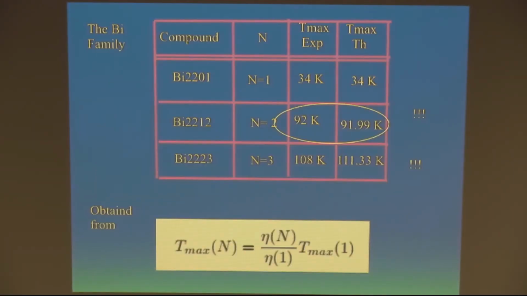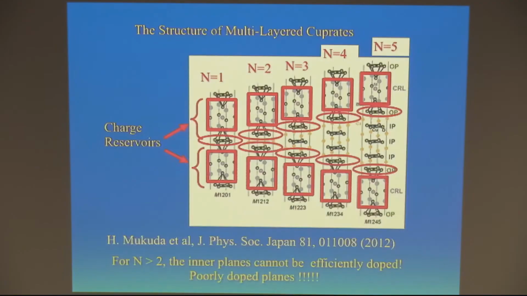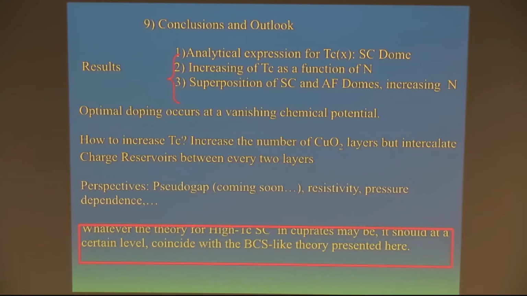So to conclude, we are not presenting a theory for high TC superconductivity, but whatever this theory might be, it must, at a certain level, coincide with the BCS-like theory we introduced here, because it's not by chance that it's reproducing so well the experiment.